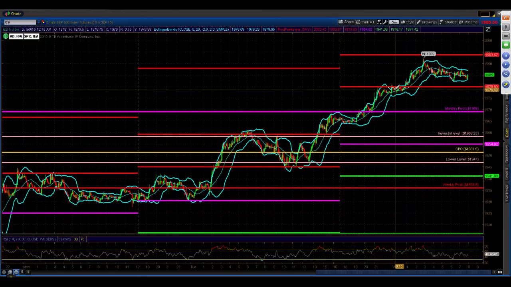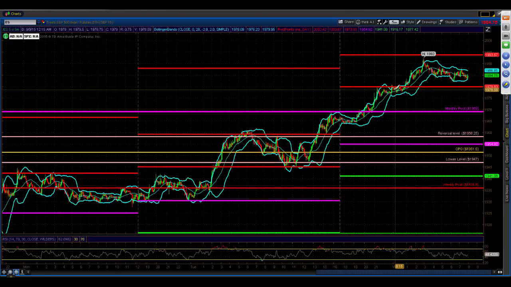So for all of the noise that the bears have made in the last couple of weeks, what we've seen in the last couple of days is the conversion of two key longer-term pivots from resistance into support.